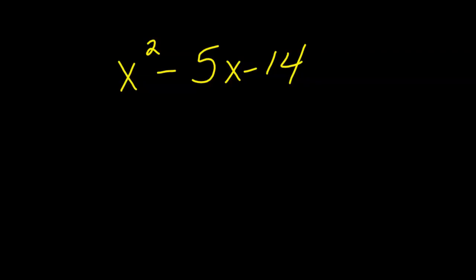So let's try one. x squared minus 5x minus 14. I see that my a equals 1, my coefficient out in front of my x squared. So right here, this is a positive 1. So all I need to do is find two numbers that when I multiply them, I get negative 14, but when I add them, I get negative 5.